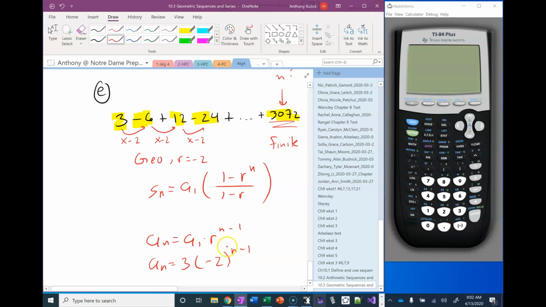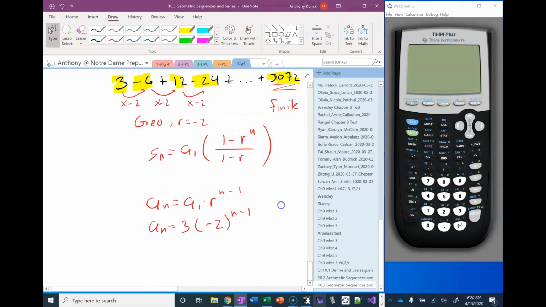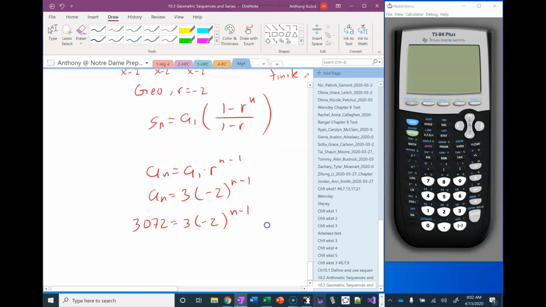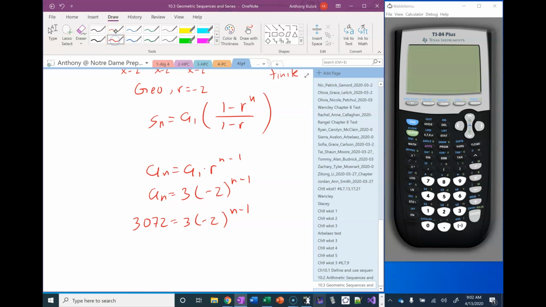Now if I want to solve for n, for a specific a sub n, I can plug that in and solve for n. This kind of equation should look familiar. In fact, we just got done solving something like this in the previous section. This is an exponential equation, so the first thing I want to do is divide by 3.